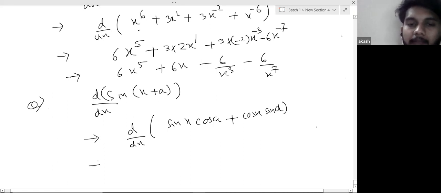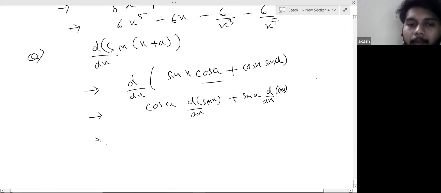All right, now we can differentiate this because cos a is a constant here. So cos a into differentiation of sine x plus sine a into differentiation of cos x. So cos a, and differentiation of sine x is cos x, plus sine a, differentiation of cos x is minus sine x.